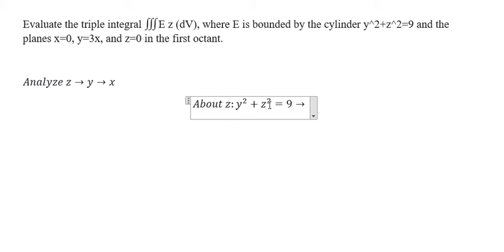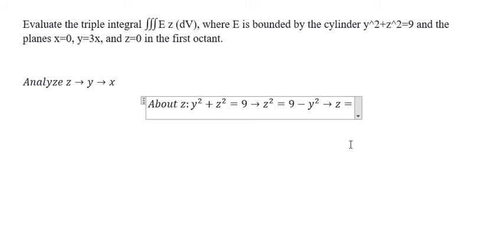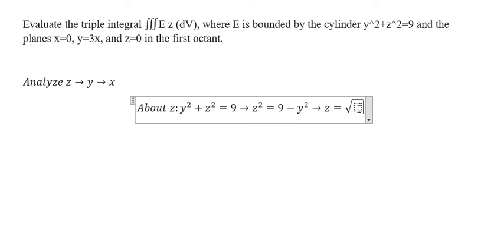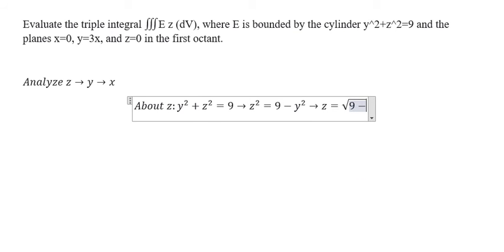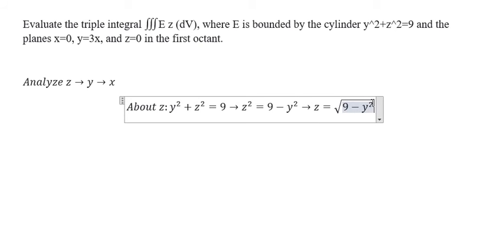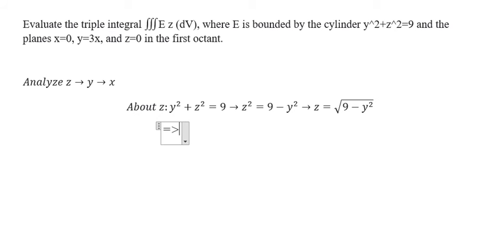We put the y squared on the right, so we get z equals the square root of 9 minus y squared. Because we have z equal to 0, we have the boundary of z in here.